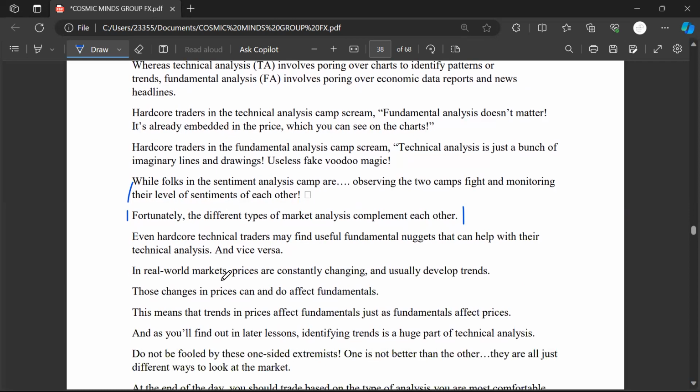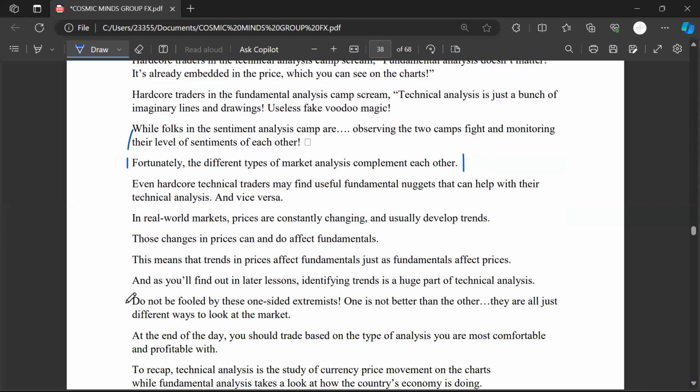In real world markets, prices are constantly changing and usually developing trends. Those changes in price can and do affect fundamentals. They affect each other. This means that trends in prices affect fundamental analysis just as fundamentals also affect prices.